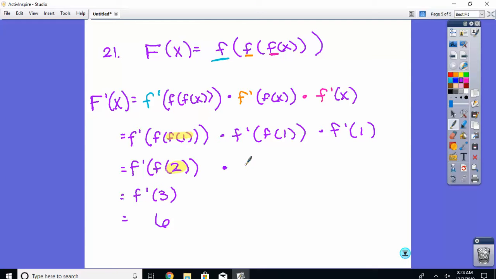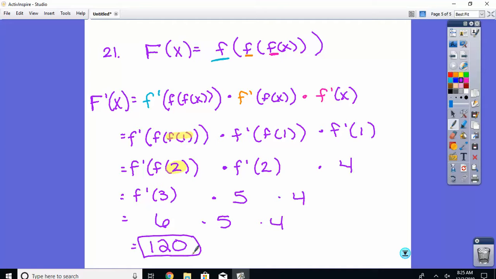Okay, next one. F of 1 is 2. So we have f prime of 2, which is 5. This one, f prime of 1 is 4, so if you multiply those, you get 120 for your final answer.